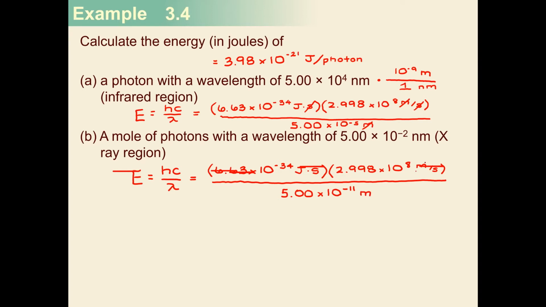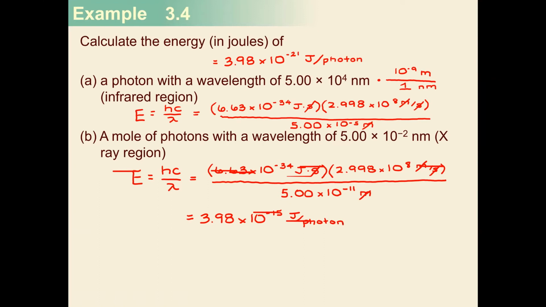So our meters and meters will cancel. Our per second and second, we're left with joules. So now we would get an amount of joules for each individual photon to be 3.98 times 10 to the minus 15th joule per photon.